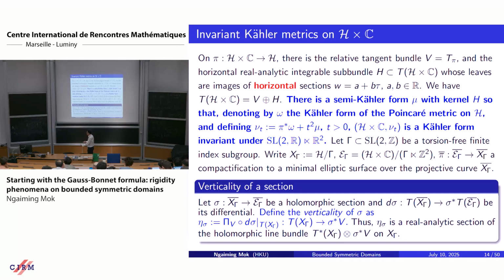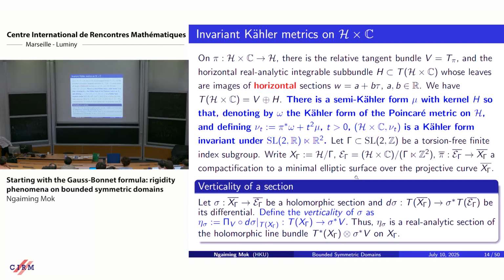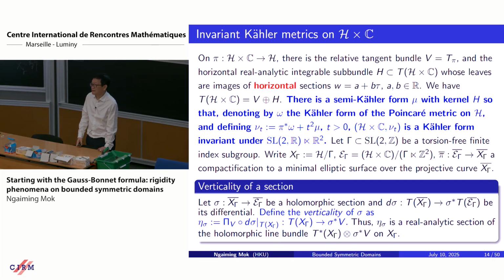The vertical part of it will be given by this eta sigma here. So to prove that it is a torsion section, it suffices to prove that eta sigma is equal to 0.